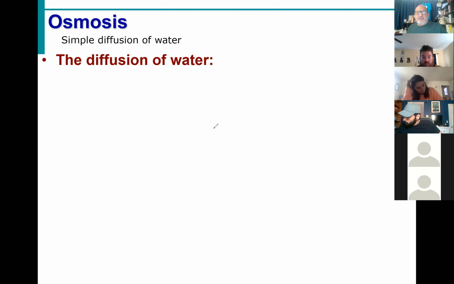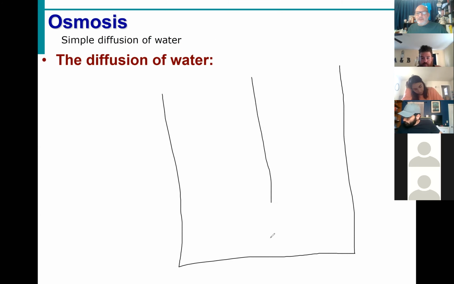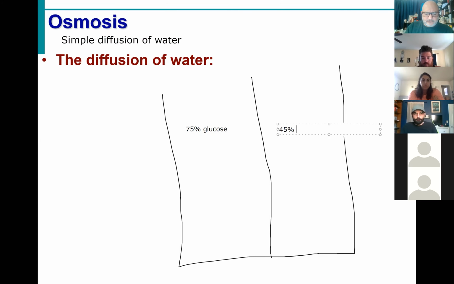And the good news about that is it follows the same rules, right? If you've ever taken a biology 300 class or something along those lines, and we have our beaker, and as we talked about, we'll use the example we had before, 75% glucose on this side, and 45% glucose on this side.